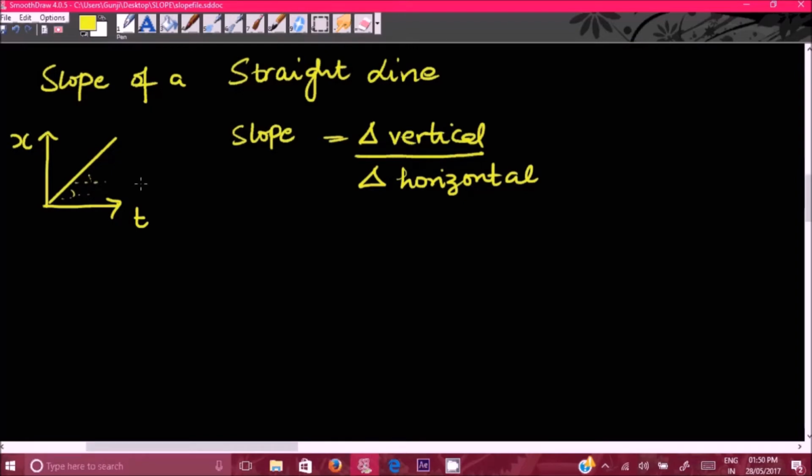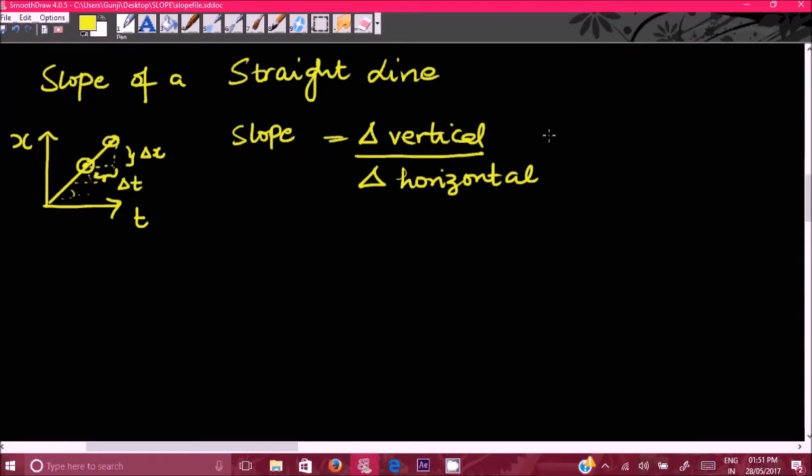It's the same. So how do we find the slope of a straight line graph? Choose any 2 points on the straight line. Why any 2 points? Because all the points have the same slope. So consider we take this point and this point. This gap is the change in the vertical direction, and this gap is the change in the horizontal direction.